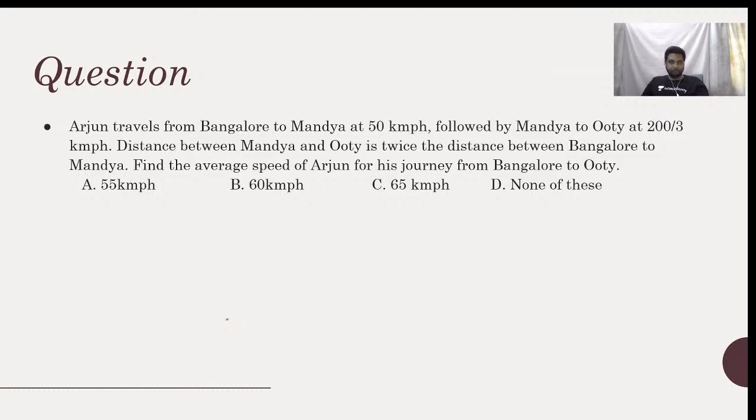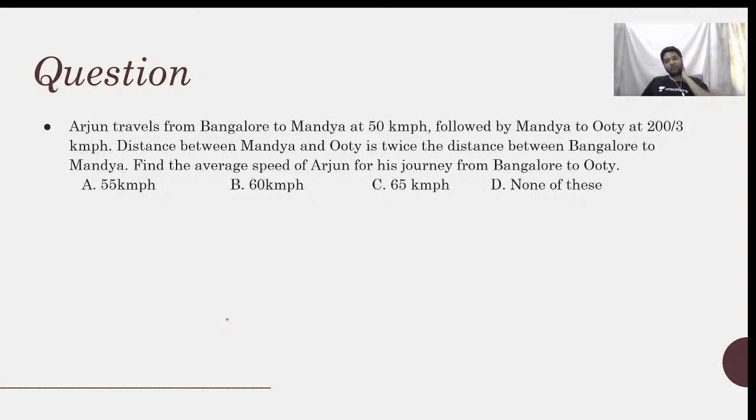Next, he says, Arjun travels from Bangalore to Mandya at 50 kilometers per hour, followed by Mandya to Ooty at 200 by 3 kilometers per hour. Distance between Mandya and Ooty is twice the distance between Bangalore and Mandya.